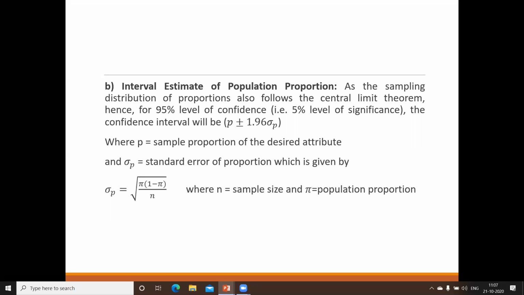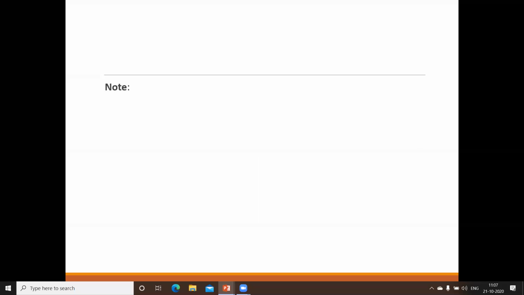This is to find the confidence interval at 99% level of confidence. And if I change this percentage to 90%, then the value of z is 1.65, or you can also take 1.645. So in both the cases, please remember the only value which is changing in the formula is the value of z. Clear?